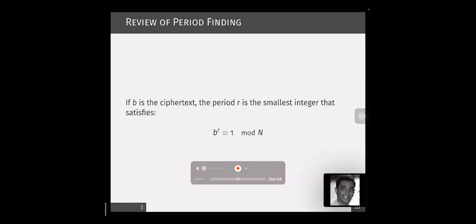That's the only one that's available to you. So you have to derive what is known as the period in order to decrypt the message.